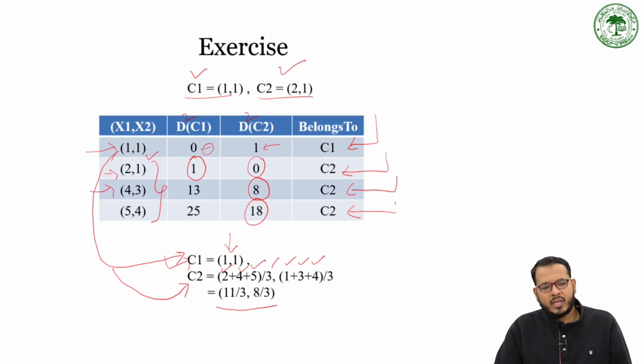If the assignment changes, then we'll update the locations of the centroids once again. And if the assignment does not change, we will stop, because the assignment remained the same as it was in the previous iteration. So we will say that we have reached the saturation point, and this is how the k-means algorithm works.